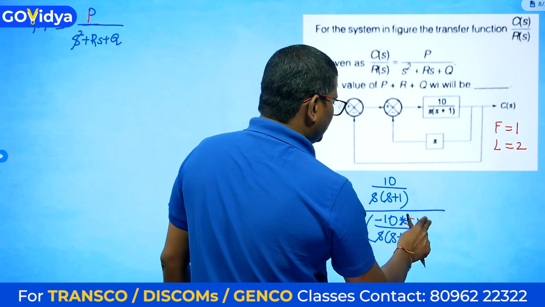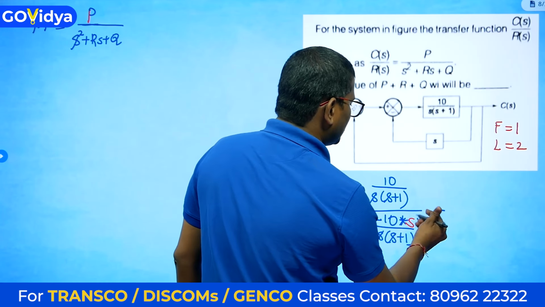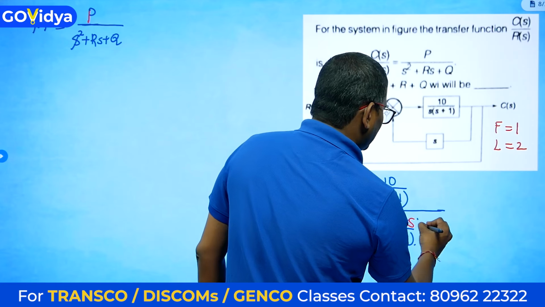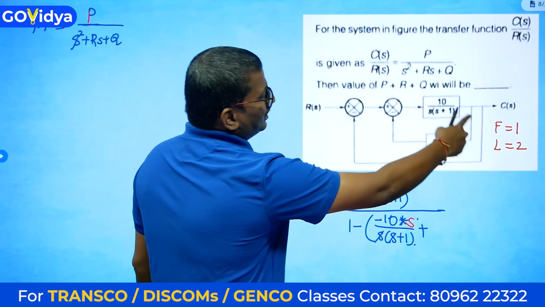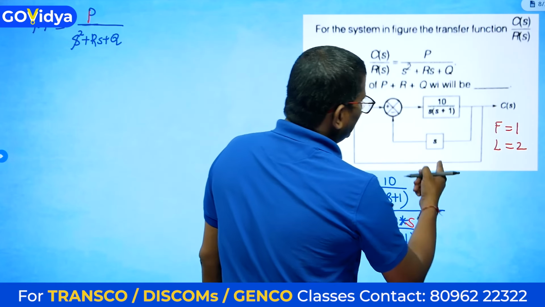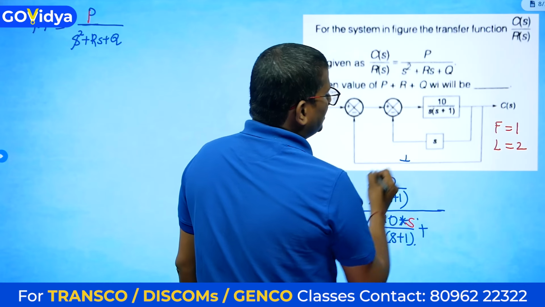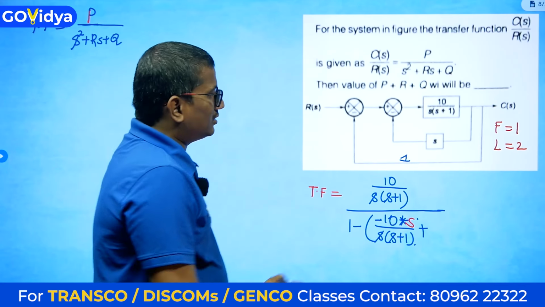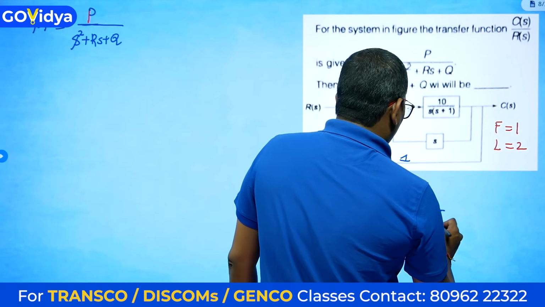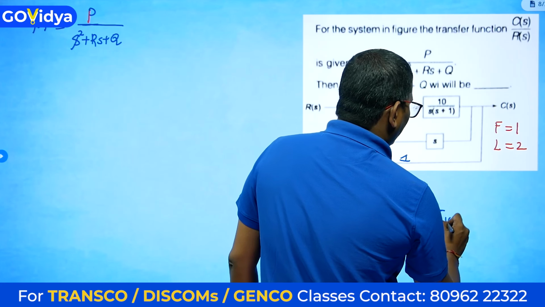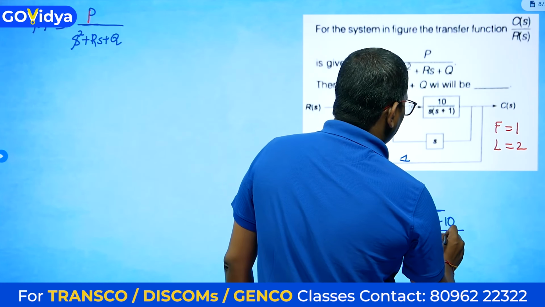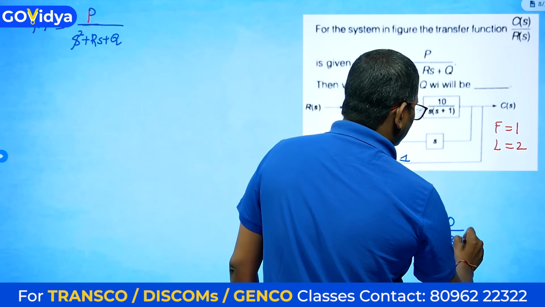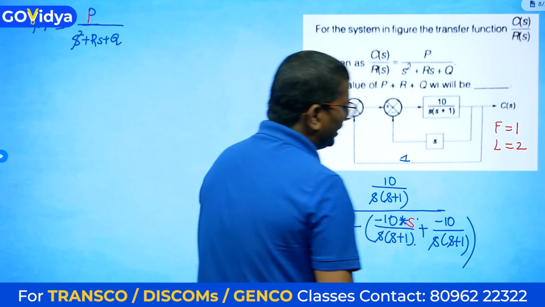Next one, plus. What is the other loop gain? Simply, this is 1, nothing is there, which means unity feedback. So can I write simply again minus 10 by S into (S plus 1)? I hope it is clear.